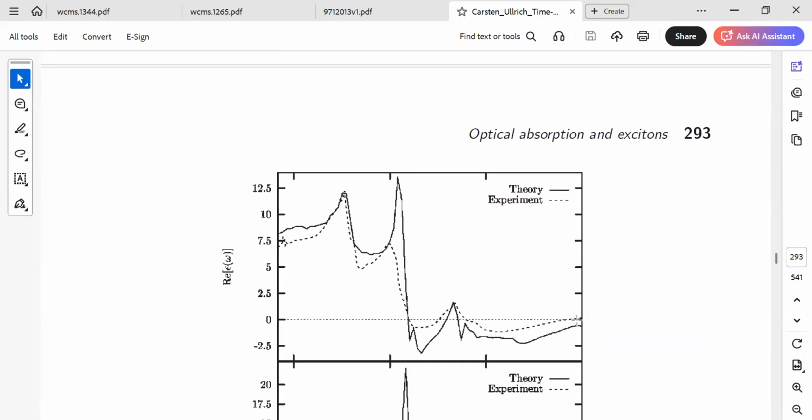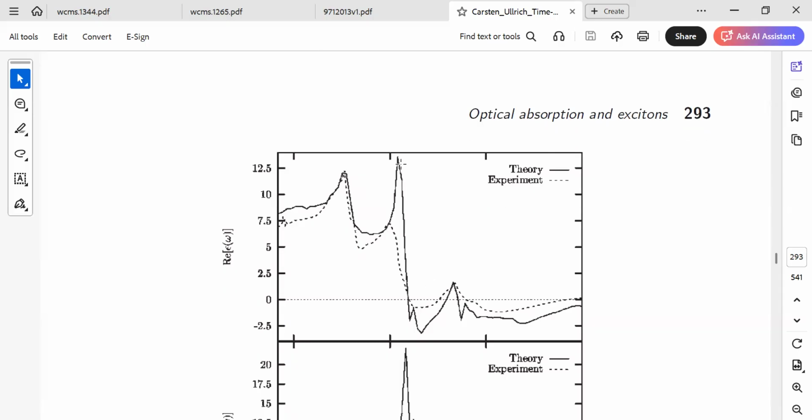This is almost in agreement with the theory, because one peak is expected here, and theory is also showing that this peak is here. The peak is very high as compared to the experimental result.